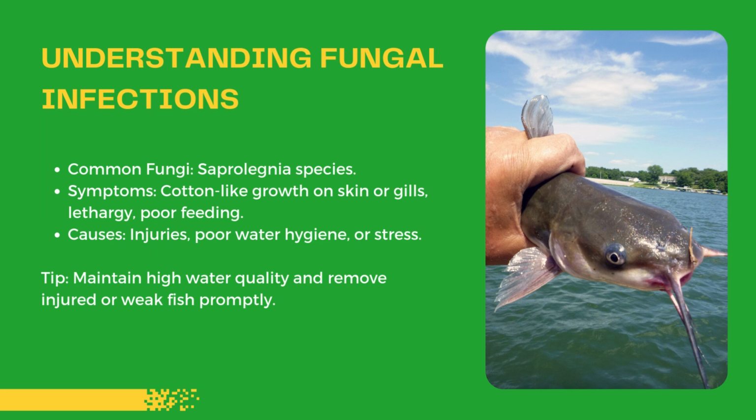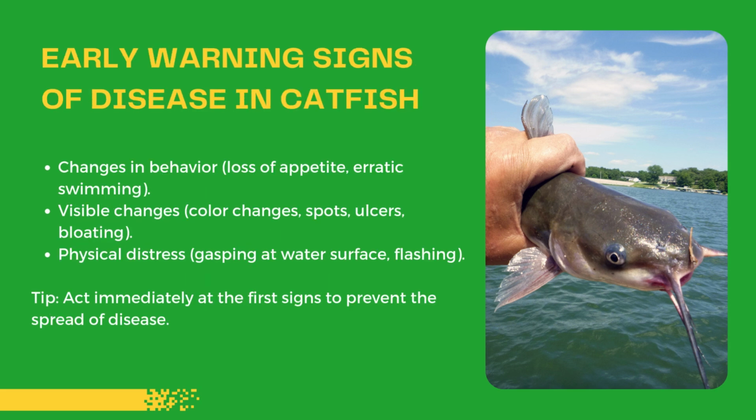Your fish has an injury and you do not treat it, or you don't isolate the fish. And stress. What is the tip for this? Maintain high water quality. So if you are watching this video and you've not watched the video on high water quality, just pause and go back, because the disease, sickness, everything that has to do with your fish health, water quality affects it. Please remove any injured or weak fish immediately you identify it.